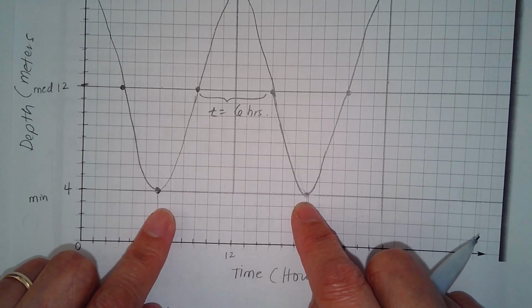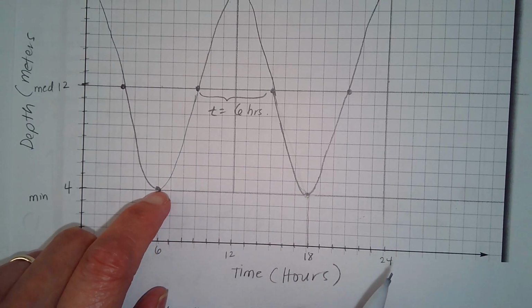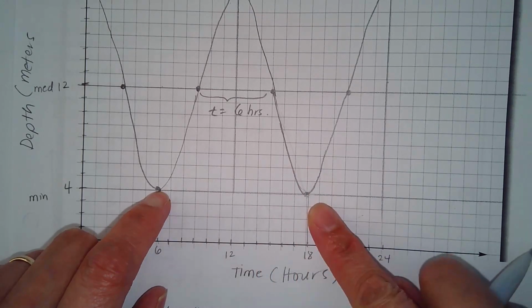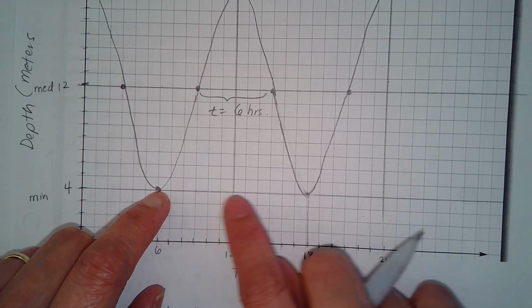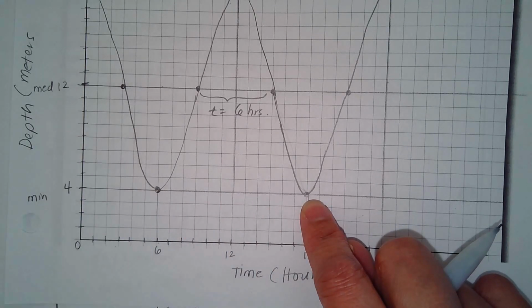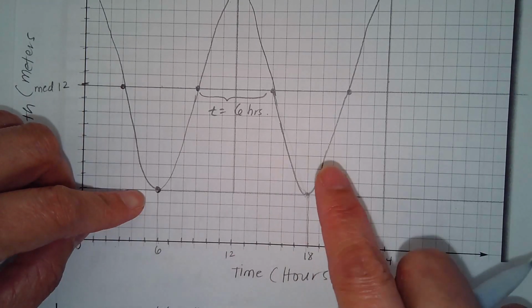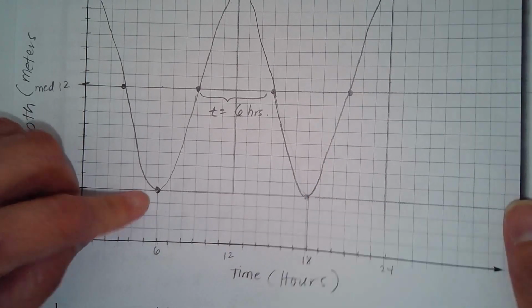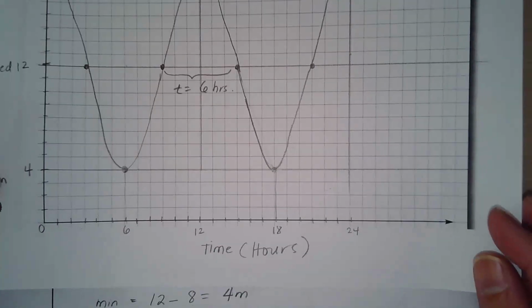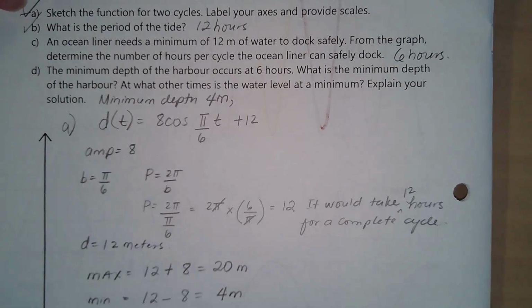Yeah, because the minimum is at 6 hours and the next minimum is at 18, that's 12 hours in between, and that's our period. We said period is from minimum to the next minimum. That makes sense to us. Okay, any questions there? Good? It's pretty fun, right?